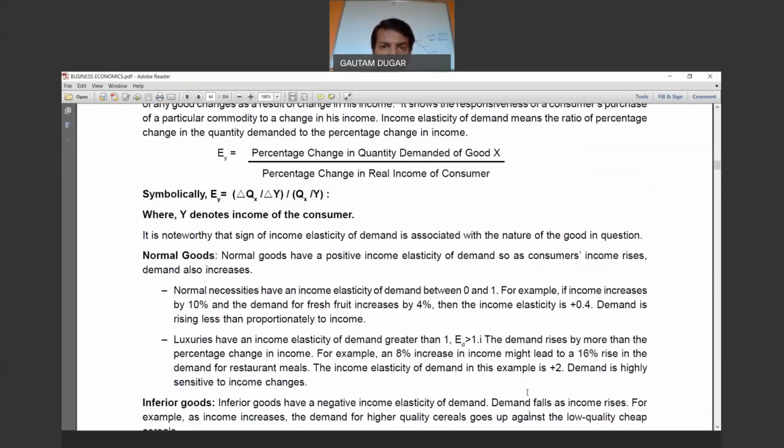In case of normal goods, income elasticity is positive. In case of inferior goods, income elasticity is negative. And luxury goods will have income elasticity greater than 1, and necessary goods will have income elasticity less than 1. That is what is mentioned.